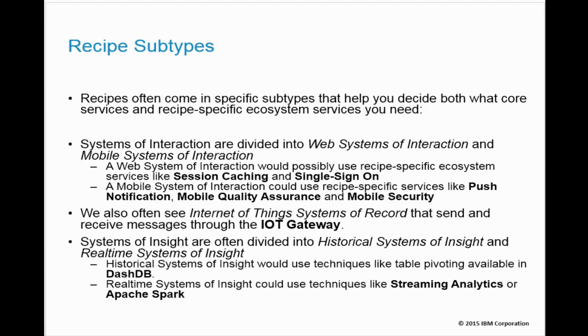Whereas on the other hand, there are what we call real-time systems of insight that allow you to use techniques like streaming analytics or Apache Spark to process data that streams in as it happens.